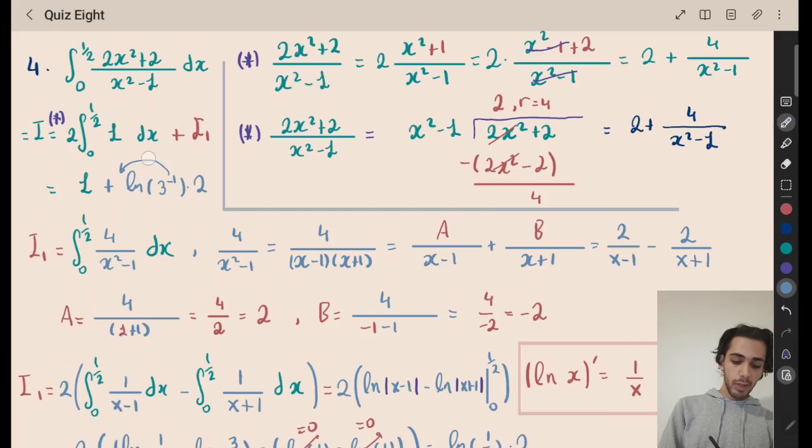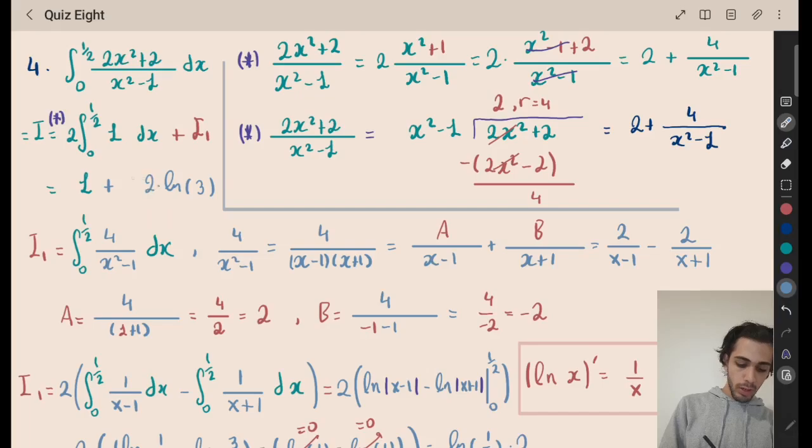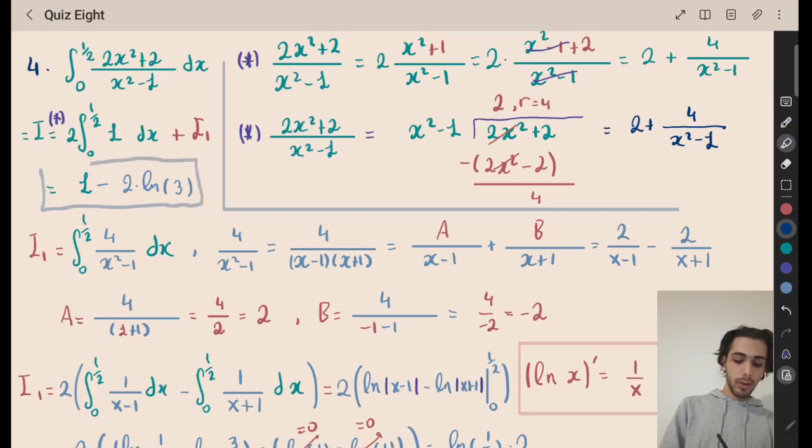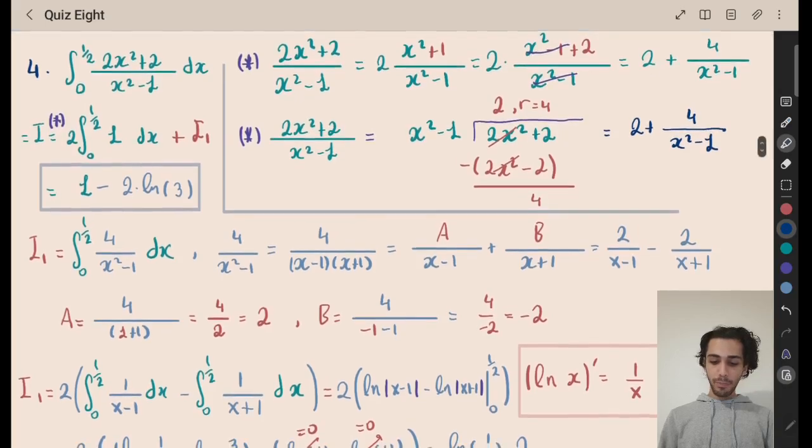So if we write this as ln of 3, we multiply by 2 as normal, and we bring out the minus 1, then this becomes a negative. So you get minus 1 times 2 times ln of 3, which is just 1 minus twice of the ln function as the answer to the exercise.